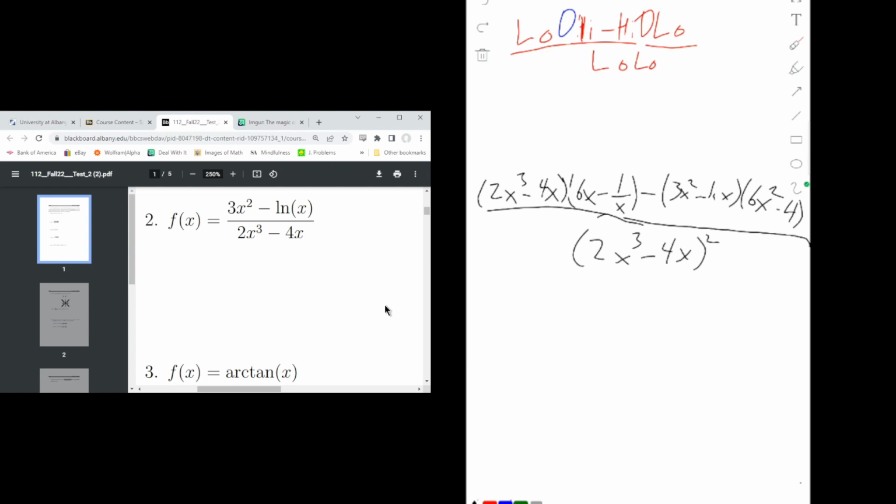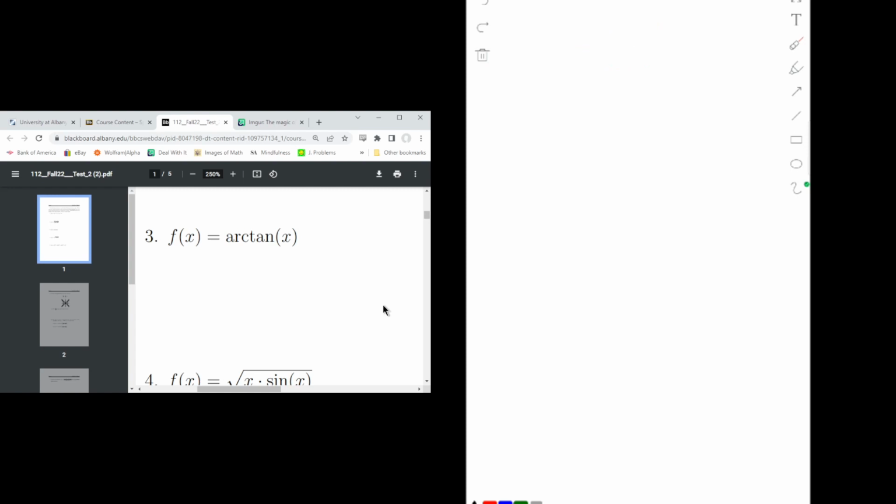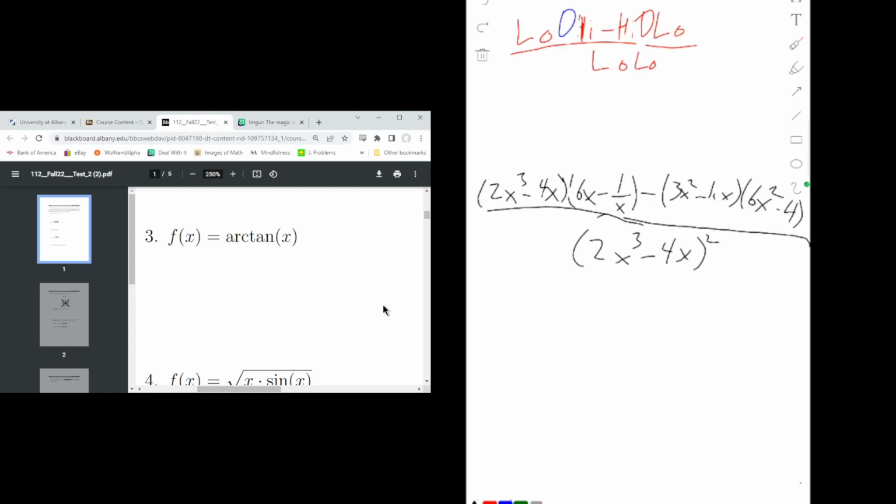All right, number 3. Arctangent is one of the 5 trig derivatives I would say are worth memorizing. That was the derivative for number 2.